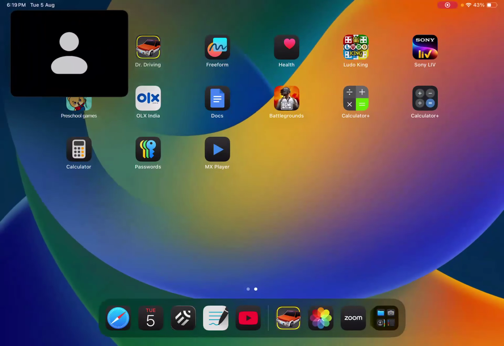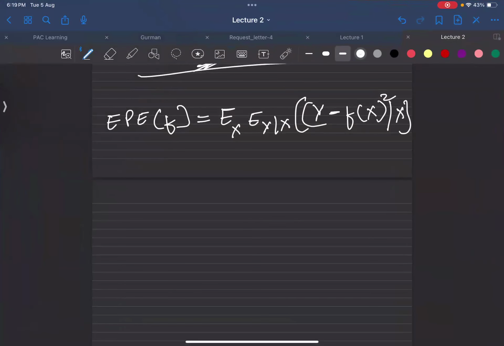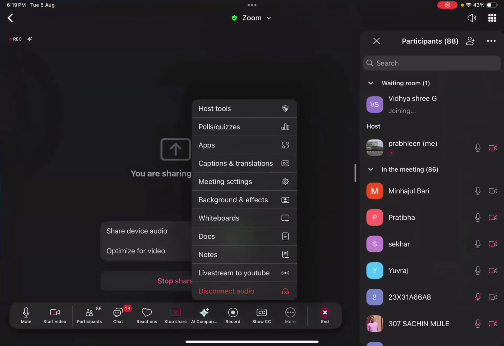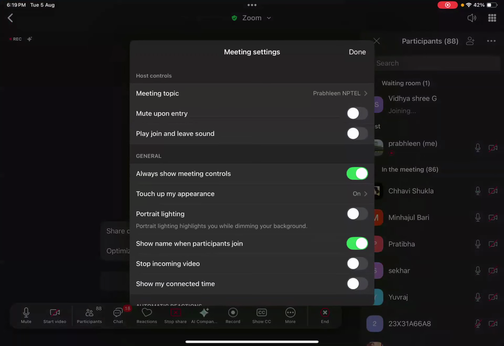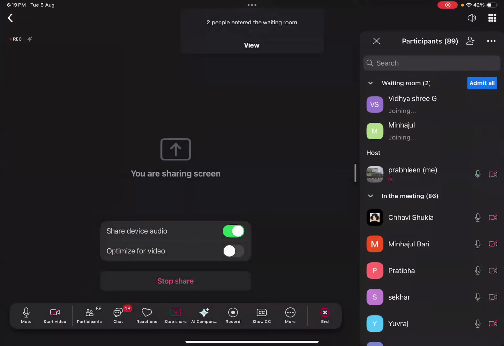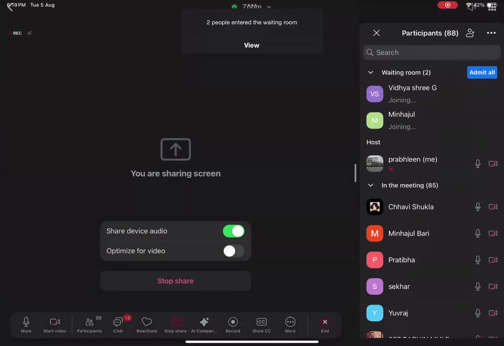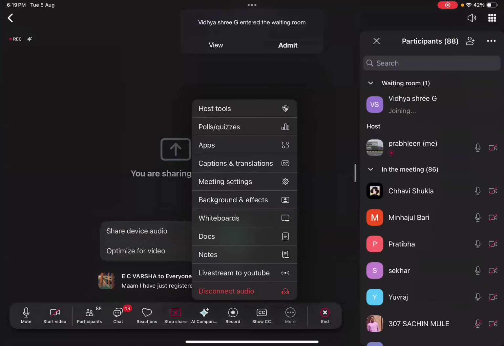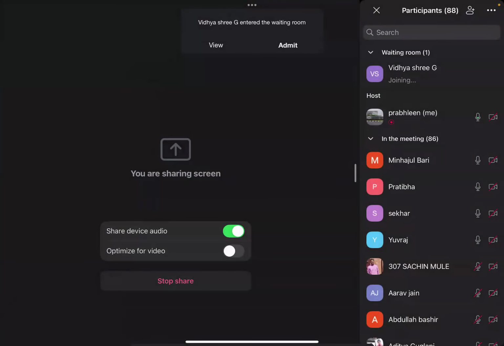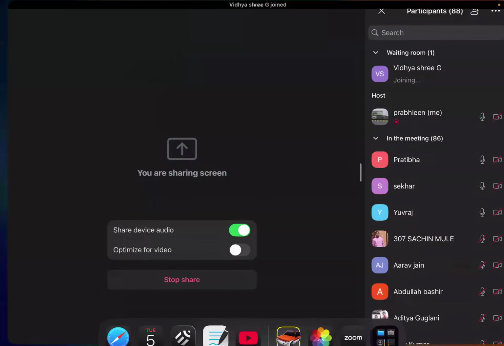We were just discussing the last class only. You can find that option in the host settings. Yes. More settings. I have gone to meeting settings. No, ma'am, there are host tools also. You can go in there. If you go to more, there is an option host tools. Okay. Oh, thank you so much. I've done it multiple times, but I forgot. Thank you so much.